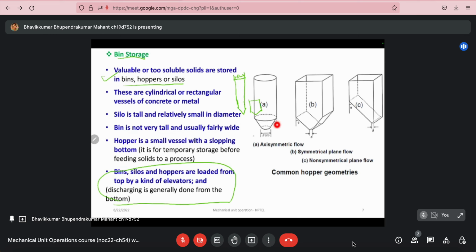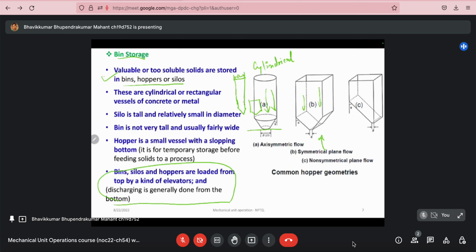As you can see, this is one kind of bin, or silo. Axisymmetric flow is there: the flow always follows the axis and is symmetric, because the shape is a cylindrical silo. If we talk about the symmetrical planes, there are different planes, and if the symmetry is perfect, the flow will be symmetric.